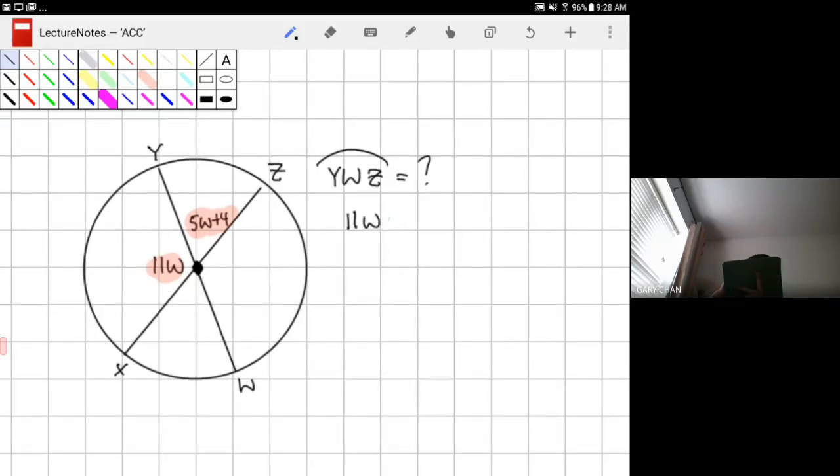So 11W plus 5W plus 14 will equal 180. And then here we have 16W plus 14 is equal to 180. Subtract both sides by 14. We end up with 166.